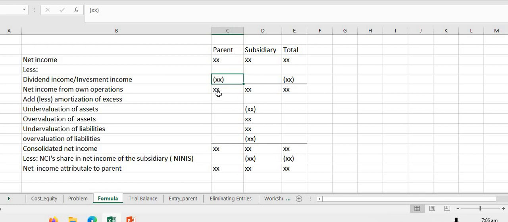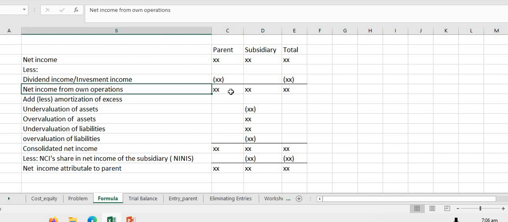The difference from accounting at the date of acquisition is that subsequent to the date of acquisition, there are transactions between the parent and the subsidiary which shall be eliminated as intercompany. That's why the dividend income reported by the parent from the subsidiary, or any investment income, will be deducted to determine the net income from own operations.